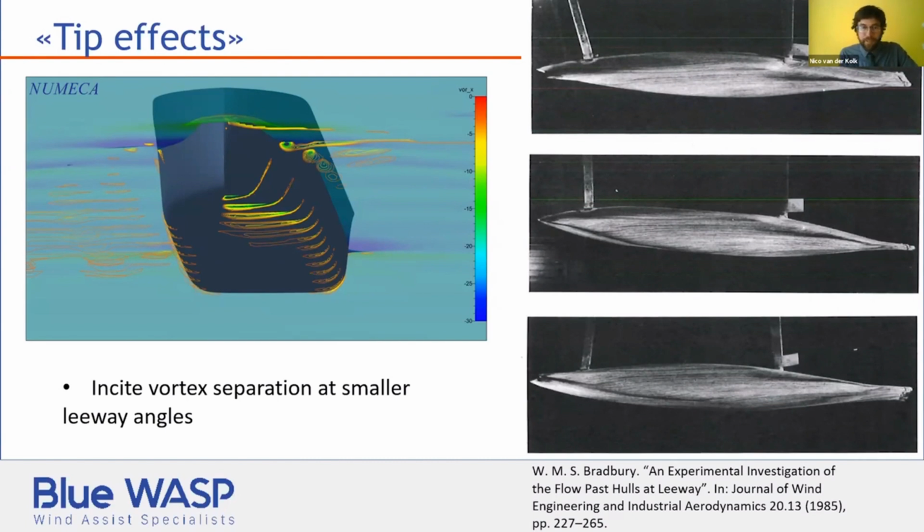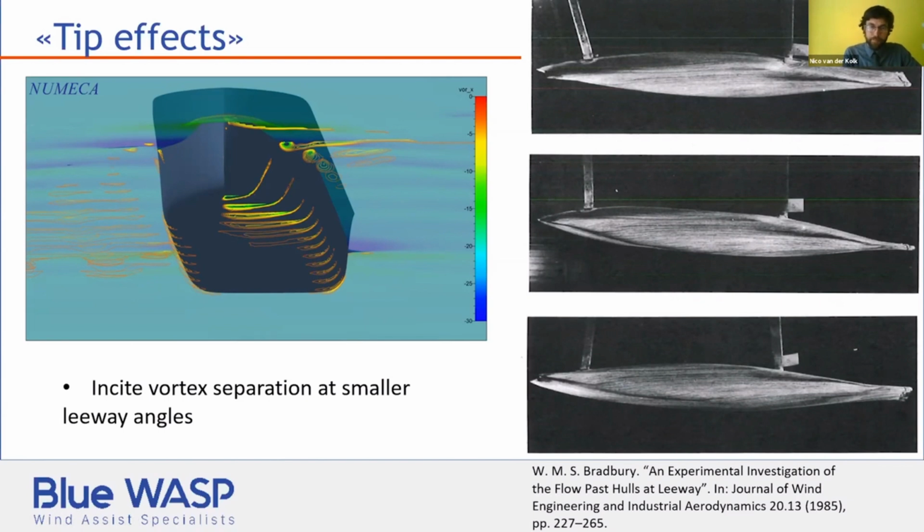And you can observe the same effect in the photographs on the right, which is an old wind tunnel experiment in which a thin layer of oil is put over the ship, and then you can interpret by checking where the oil is moved to find where these separation locations are and how these phenomena are. So there is along the leading bilge a similar effect. And then I would draw your attention in particular to the trailing bilge. So that's along this line here, and also over here, that there is another separation occurring there.